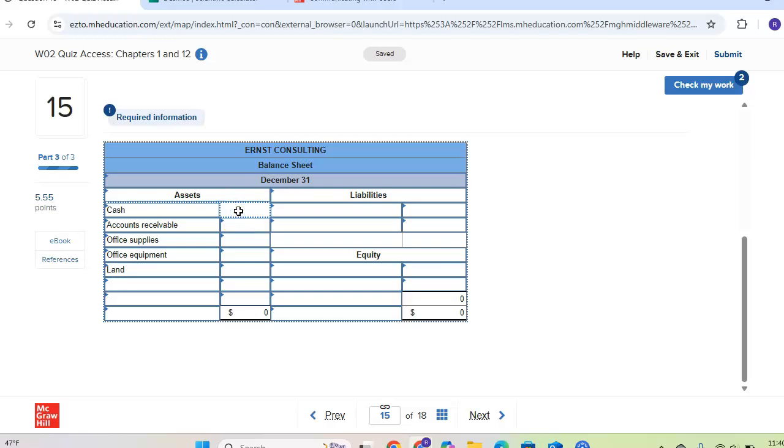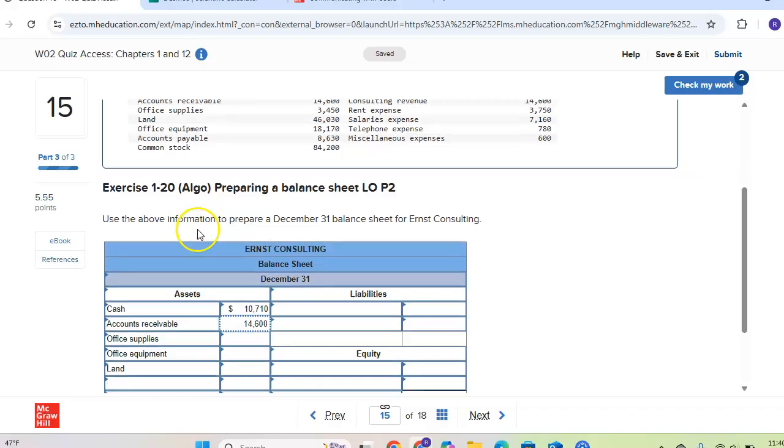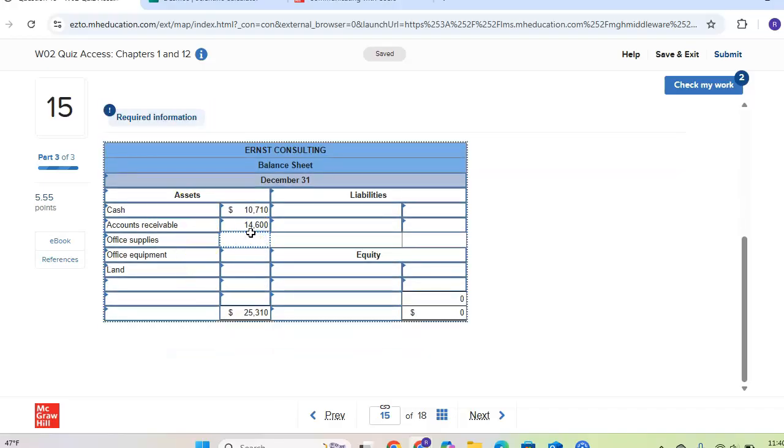With cash being 10,710, accounts receivable being 14,600, office supplies being 3,450.